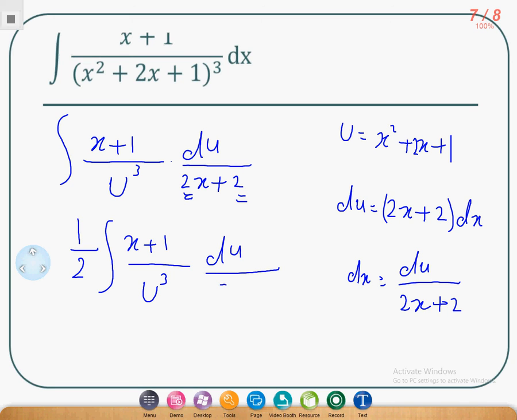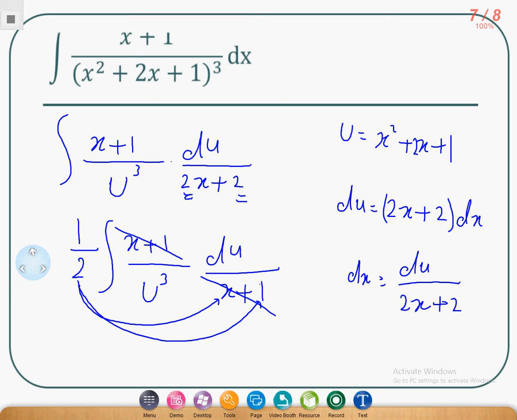Down I will put x plus 1. If you want to be sure about your answer, if you multiply 2 with x, it will be up 2x. Multiply 2 with 1, it will be up 2. Now, simplify, cut, and move u from down to up.